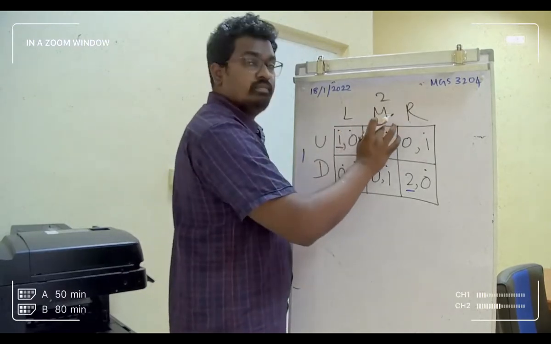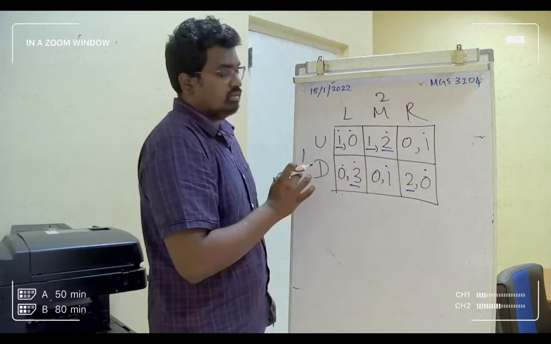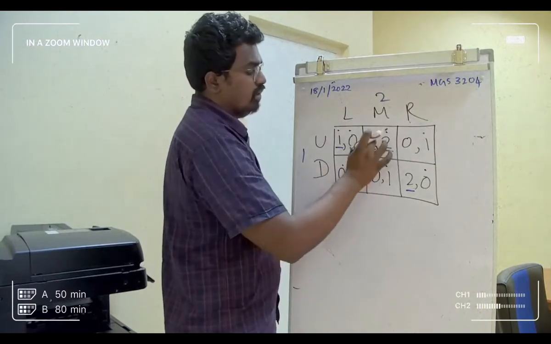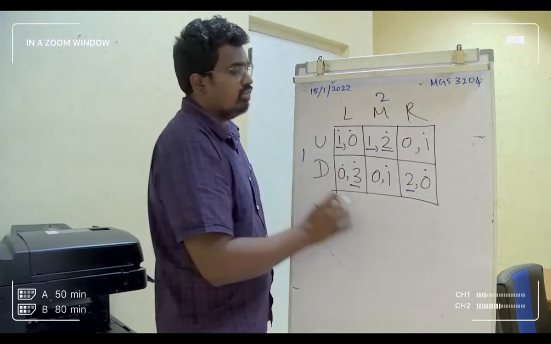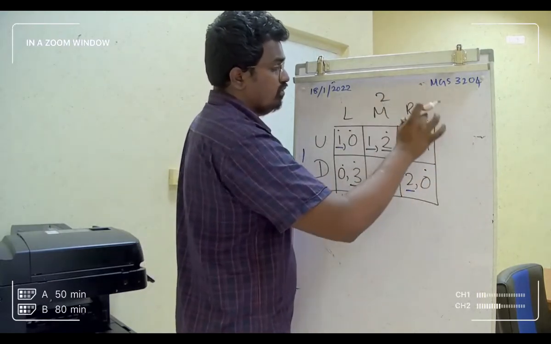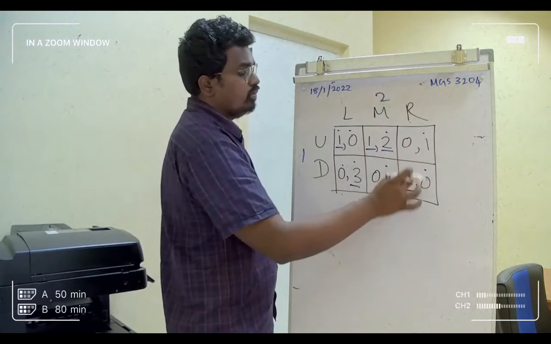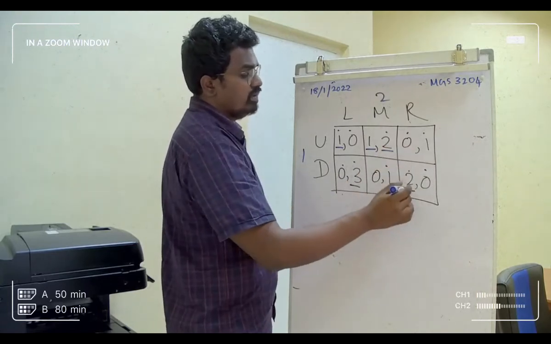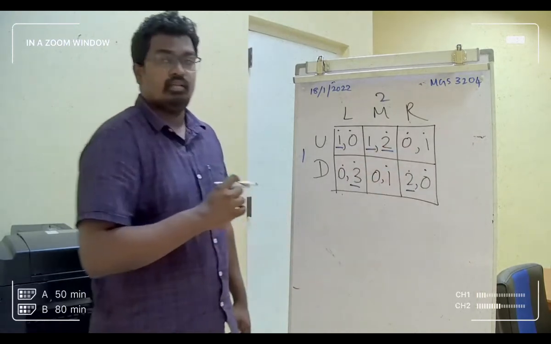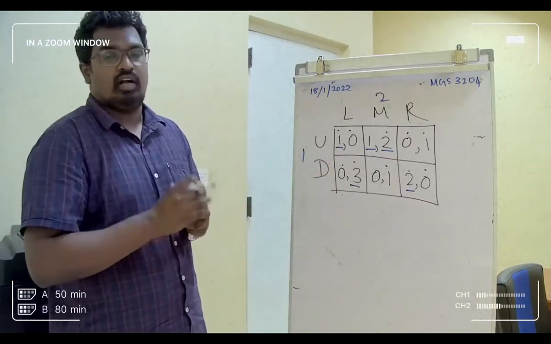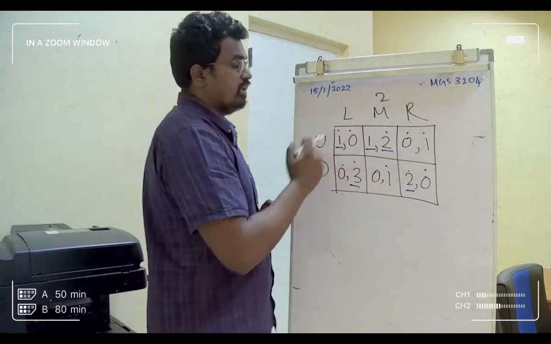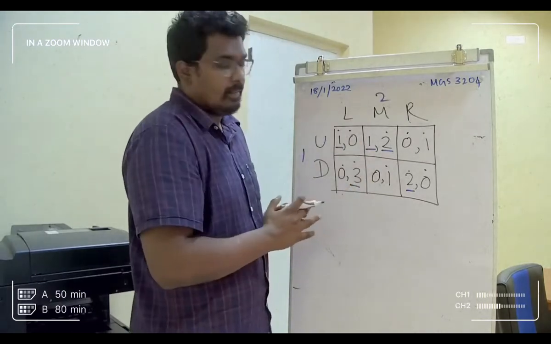And once player 2 plays middle, what are my outcomes? 1 and 0 are possible outcomes from up and down, and again 1 will be the best. And once player 2 goes for right, 0 and 2 are my possible outcomes, and the best will be 2. Right. So those are the decisions, the strategy profiles for these players in the given situation.